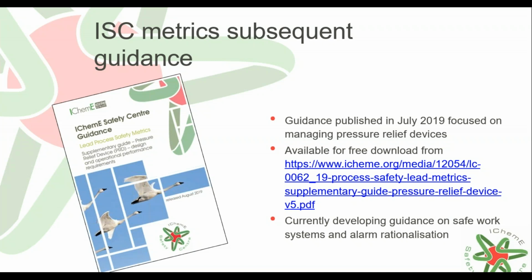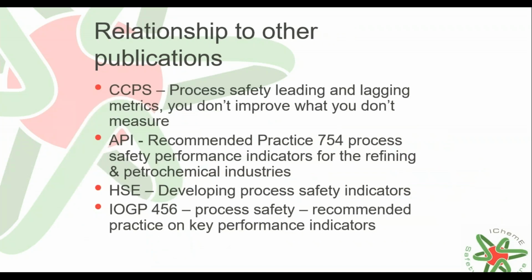We just published it last year. As I mentioned earlier, currently we are developing supplementary guidance documents on permit to work systems, and at the same time alarm rationalization, so that you get more detailed information about those metrics and how in particular you can measure them in your work, in your operation.